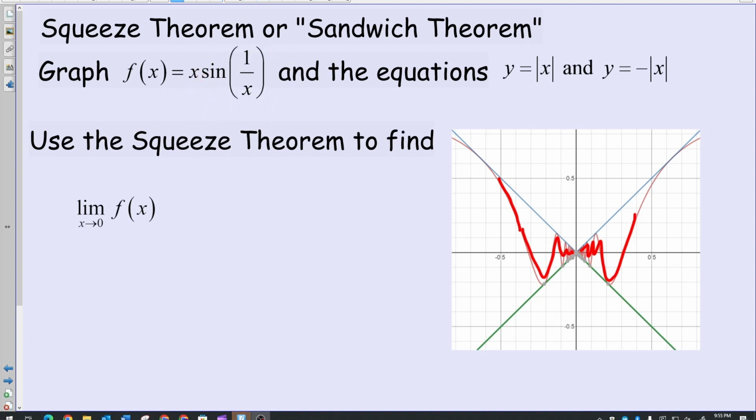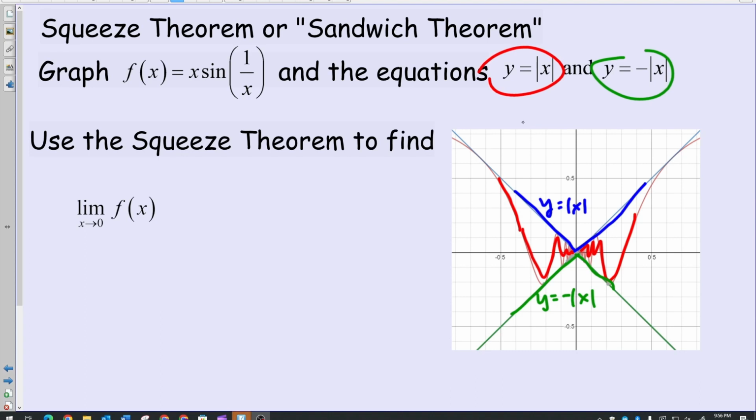So it's not exactly the crazy oscillation here. Also, we know that this red function, f of x, is between y equals absolute value of x, the function at the top here, and this bottom green function, y equals negative absolute value of x.